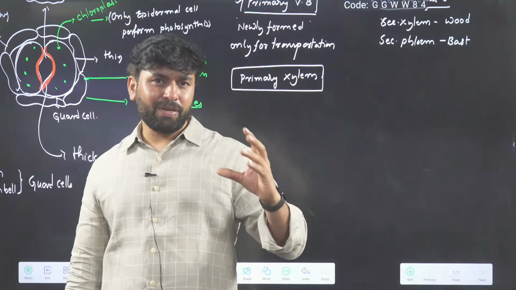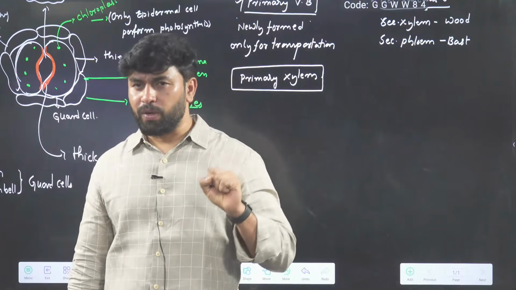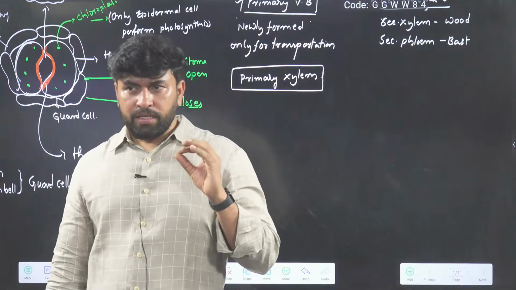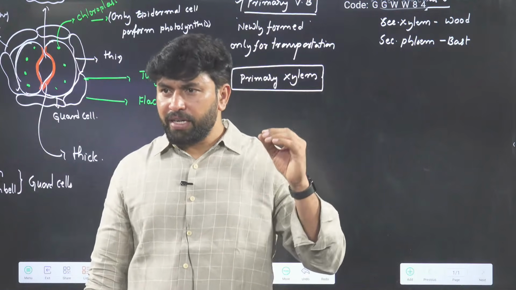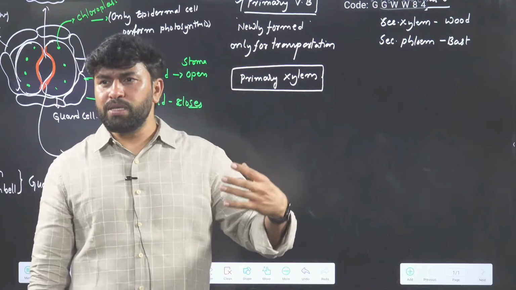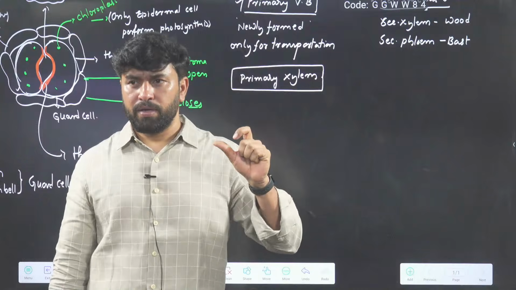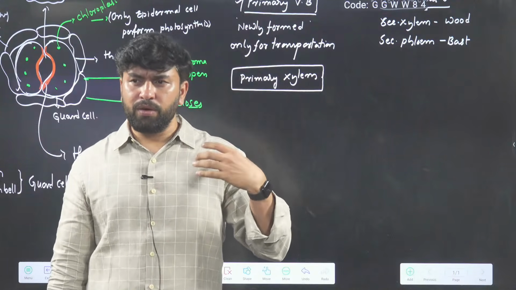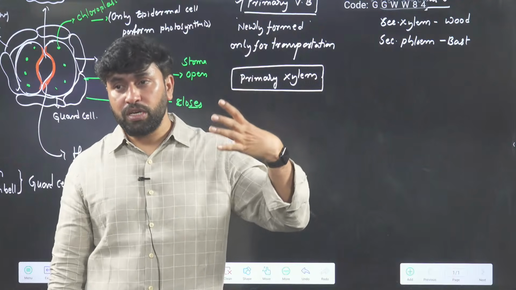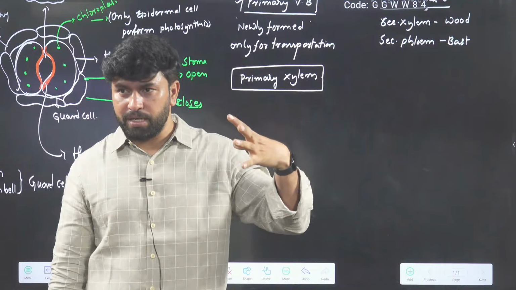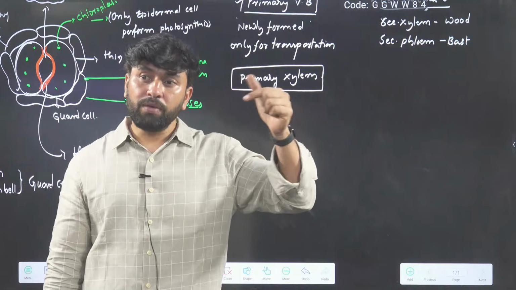If there is a place where xylem is absent, there is no work for the phloem. That's why they are called a bundle. The same maturation mechanism you see in xylem you could also see in phloem. I will discuss the maturation of xylem and formation of primary xylem, and that would be sufficient to understand how phloem is formed.